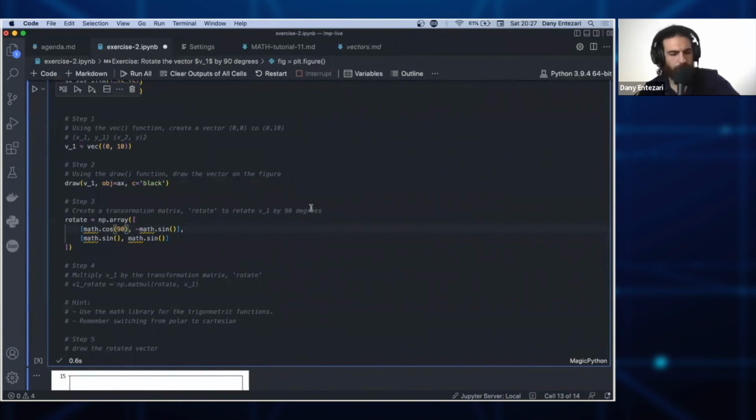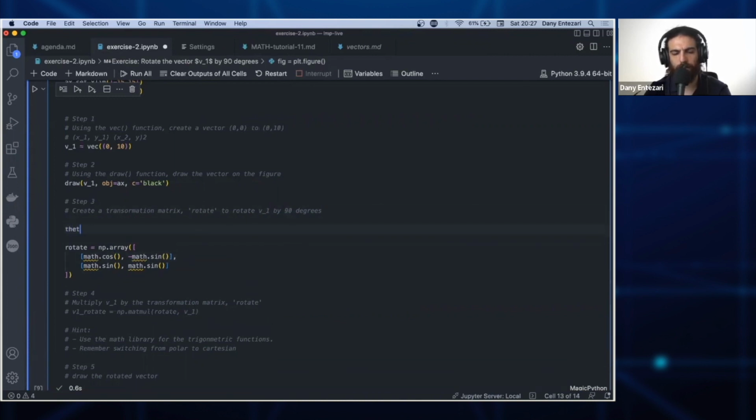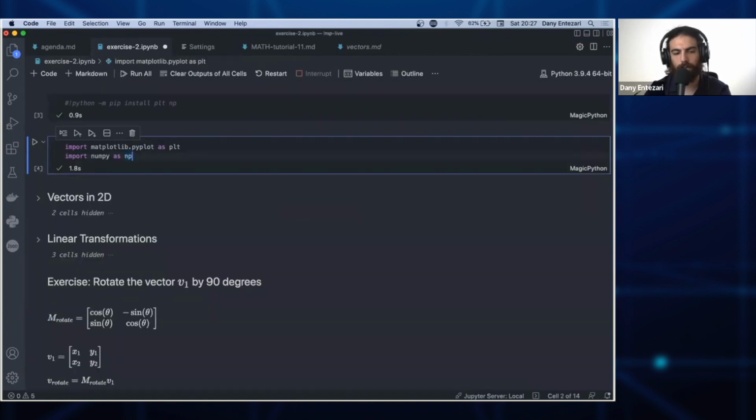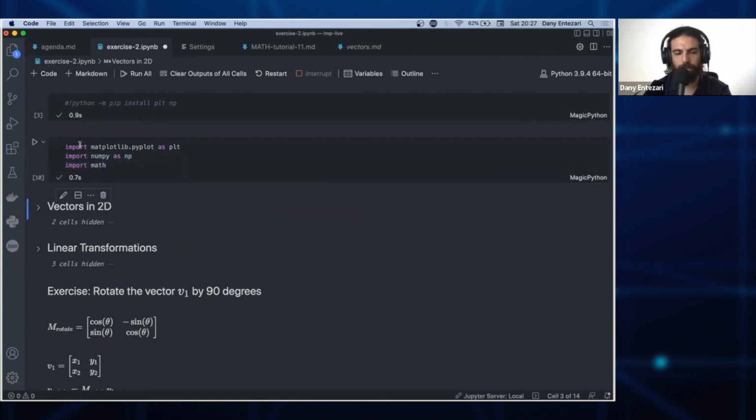Converting from degree to radians, so that would be math.pi. Pi is an attribute of the math object, over 4. So I'm just going to take this and I'm going to call it theta. Pi over math.pi over 4. Because I meant to put math in here. Okay.